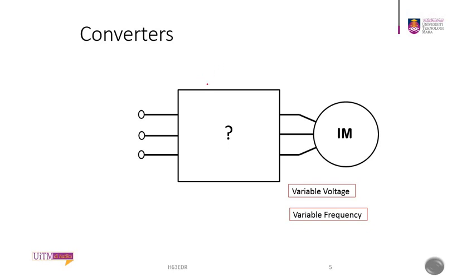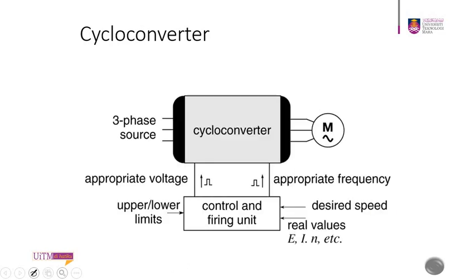For converters, we now use modern control, using power electronics to control both voltage and frequency. So what are the types of modern converters that we can use to increase or decrease the voltage and frequency? First we can look into the cycloconverters.